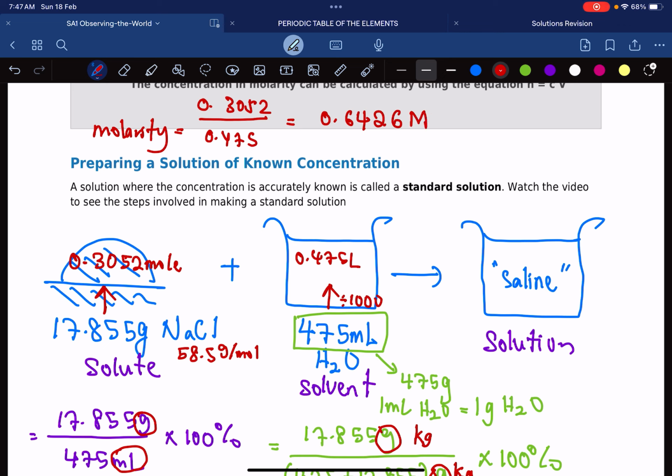And how many significant figures? My volume was in 3 significant figures, so my answer should actually be 0.643 molar. I can write it as this, or I can write it as 0.643 mole per liter.